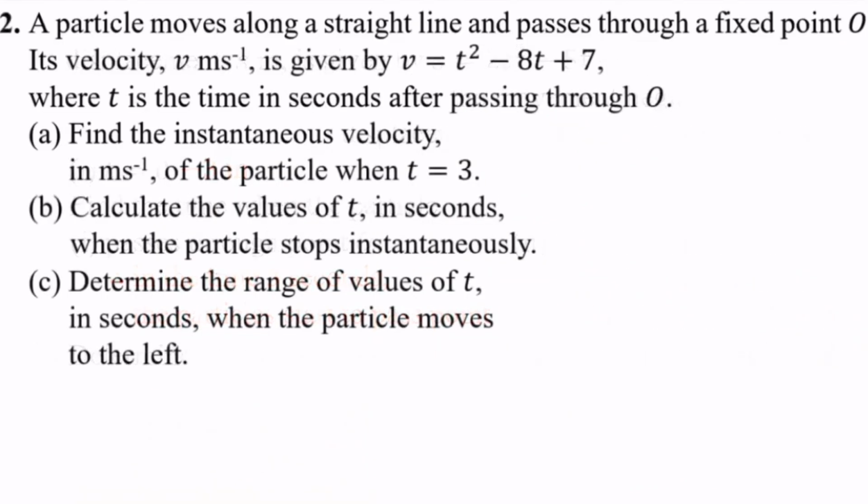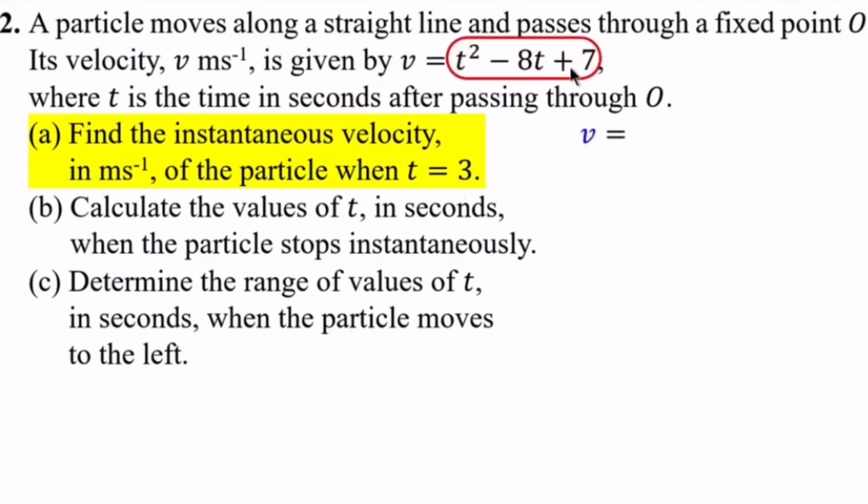Okay, so let's see number 2. A particle moves along a straight line and passes through a fixed point O. Its velocity v meter per second is given by v equal to t squared minus 8t plus 7, where t is the time in second. After passing through O, find the instantaneous velocity in meter per second of the particle when t is equal to 3.